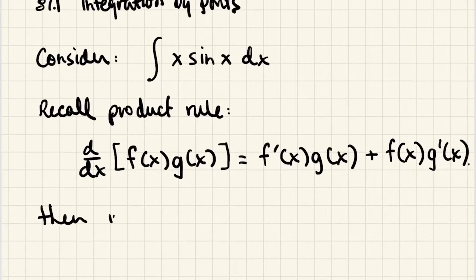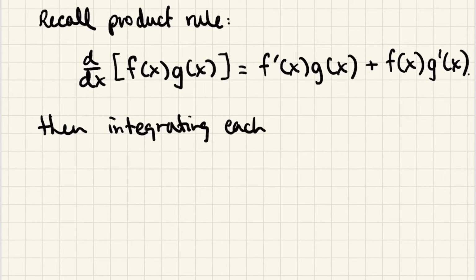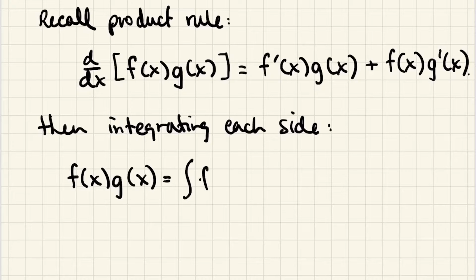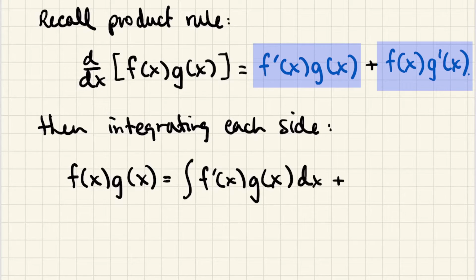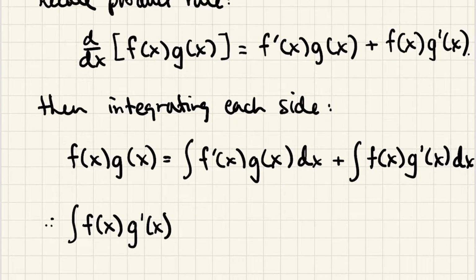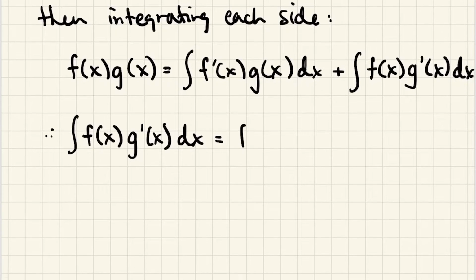Then integrating each side would yield, up to a constant, the antiderivative of the left, which would just be f times g, equal to the antiderivative of each of these guys. Okay, well, if we wanted to isolate this term here, we could say that this integral here is equal to this guy minus this integral.